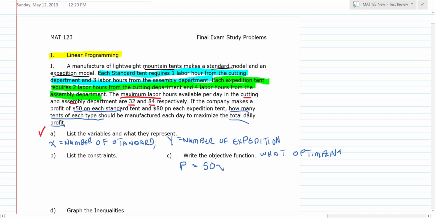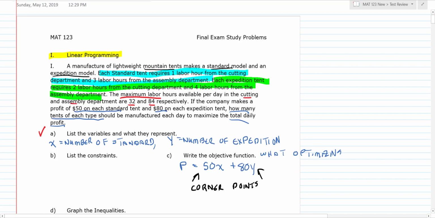A standard tent is represented by X. So if you had 10 tents, 10 times 50 would be $500. Then it says $80 on an expedition tent, which is Y. So if you sold 5 expedition tents, 5 times 80 would be $400 profit. This is what you're going to plug corner points into. As we're going through this, the corner points of your feasible region get plugged in for X and Y.